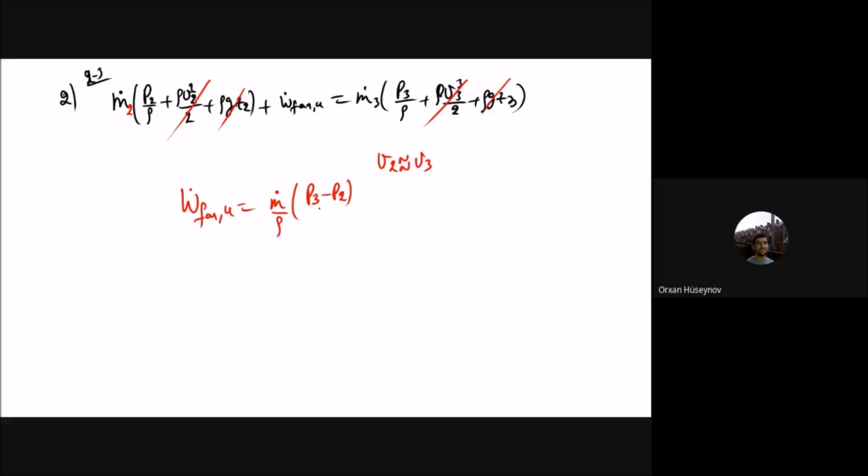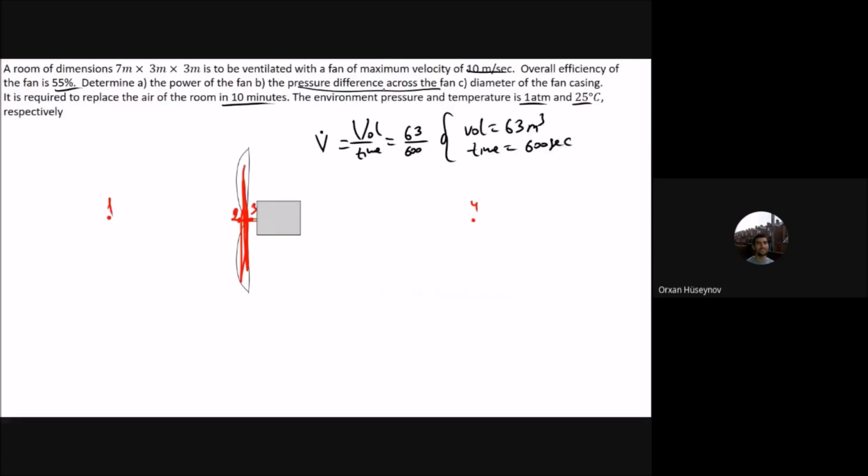The question asks what's p3 minus p2, and if you calculate it, that will be delta p, and the value will be 107.6 Pascal. That's for the pressure difference. So we have done the second part of the question.